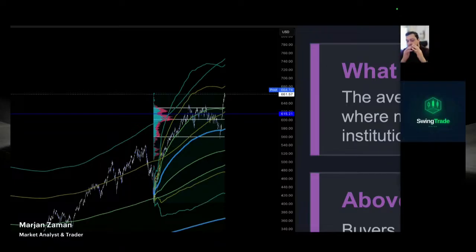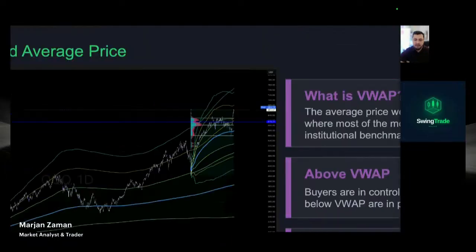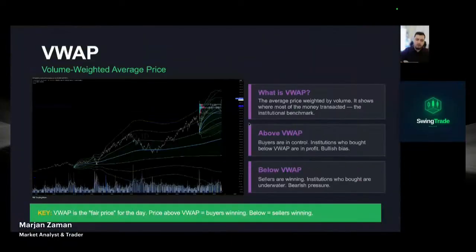So by joining Swing Trade Group, we're going to be able to teach you how to read the market, how to see when we are getting too high. And I'll be sharing all of my projections, and I'll be sharing all of these key levels because volume is just one aspect. I only wanted to share one aspect this time because you have to put everything together, and I didn't want to overwhelm us with more than just volume today.